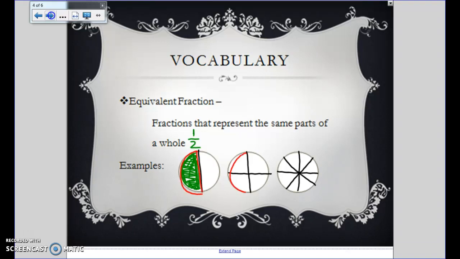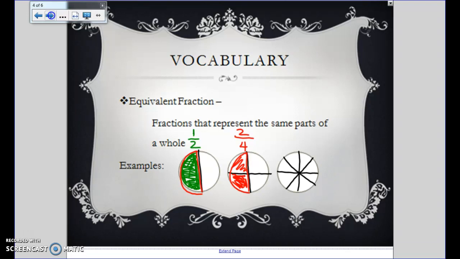Except this time you can see that my parts of a whole are a little different. This time my parts of a whole are 2 parts out of the 4 pieces that make it whole, so 2/4. And again, I'm going to think the same thing here.